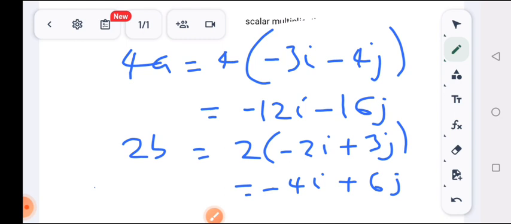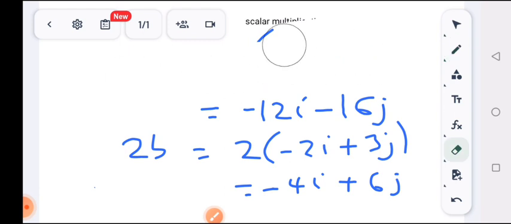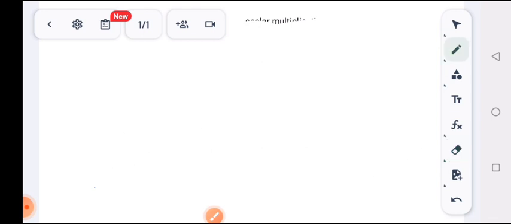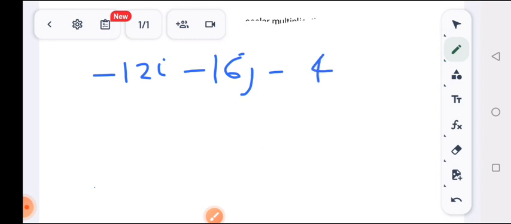So we'll bring them together very quickly and just finish up. Watch how we do this now. To finish up, I will just say 4a, which is minus 12i minus 16j, then minus the bracket 4i plus 6j.